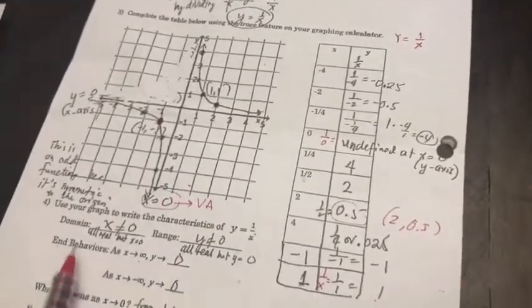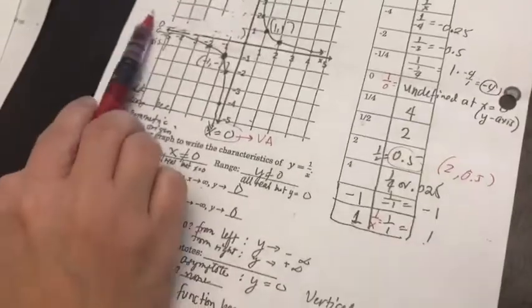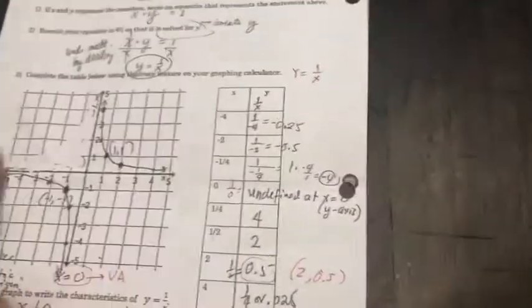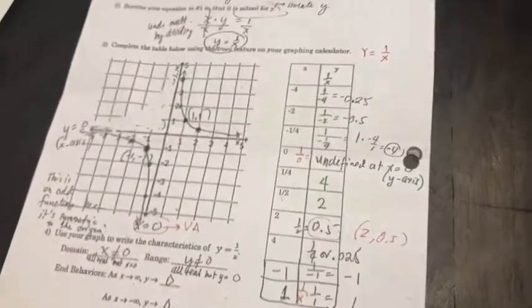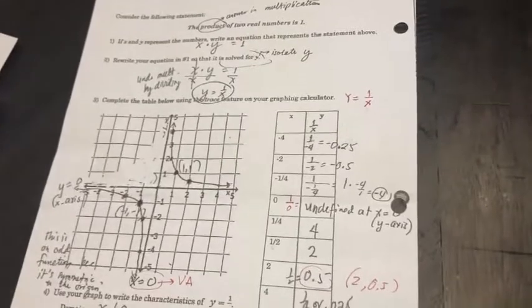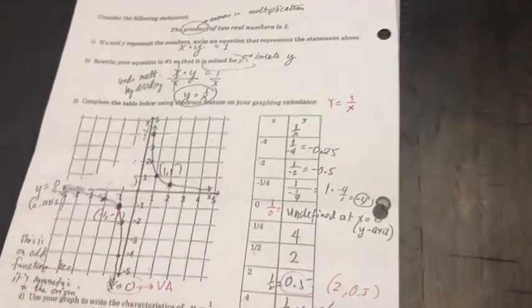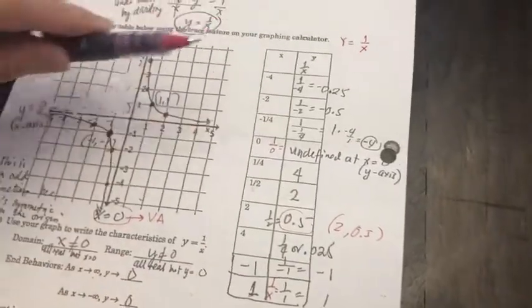So now let's use the graph to write the characteristics, okay? The domain from left to right would be all real numbers except the vertical asymptote, which is x equals 0. Left to right, we can use any x value for domain except 0. For the range, we can get y values from negative to positive, but not 0.